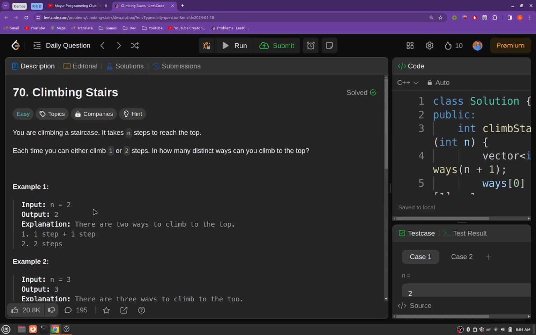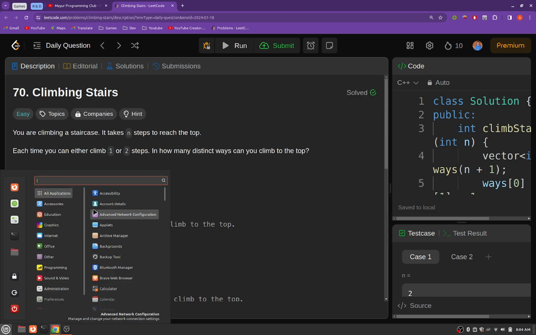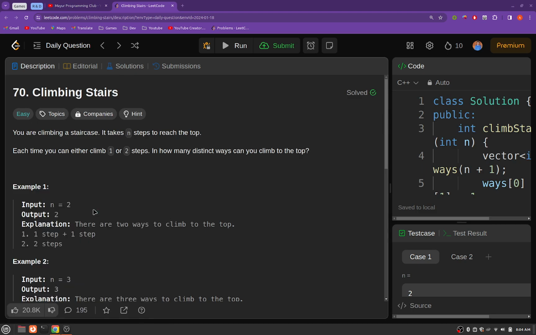So how will we be solving this problem? Let's see. First, what we can do is use a brute force approach.